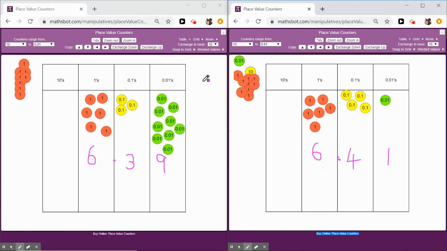Now, they both have the same amount of ones. So when that's the case, we need to look at the next column, which was the tenths, and this one had more tenths than this one. If we just put them next to each other, on top of each other, 6.39, you can quite clearly see that this number was bigger than this number.